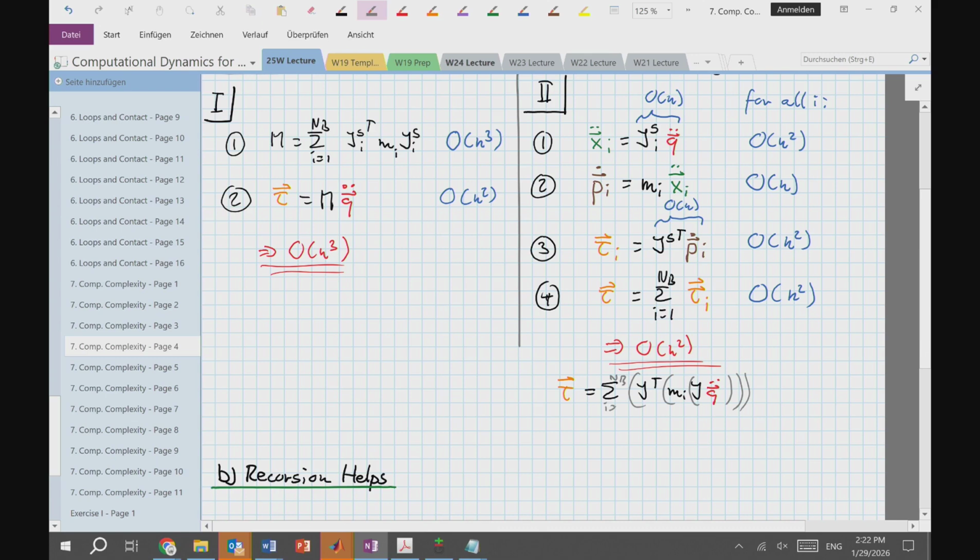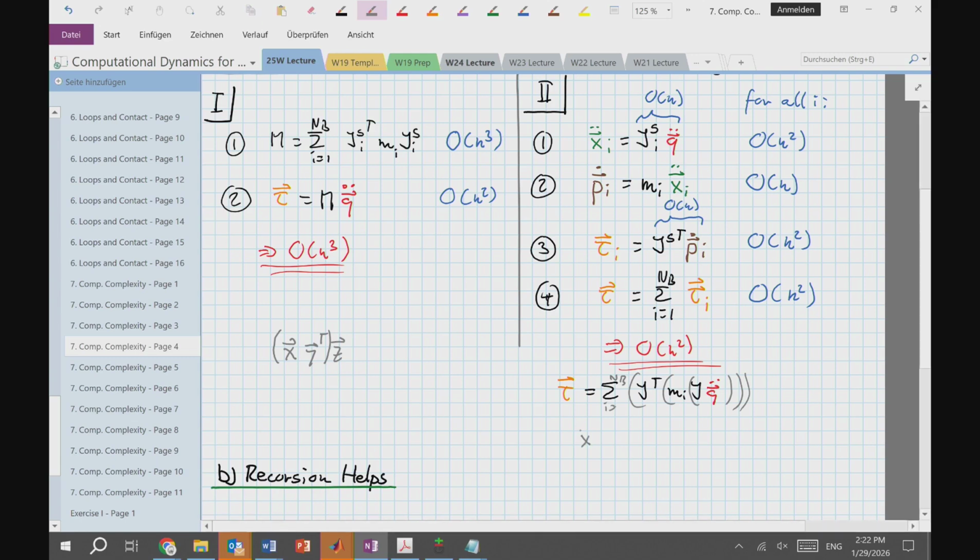And what you see is nothing else than this idea that we looked at in MATLAB in the last lecture, where if I have this triple product of 3 vectors, which go row times column times row, the stupid way is to first multiply column with row, to get a big matrix, and then multiply it with a column vector.